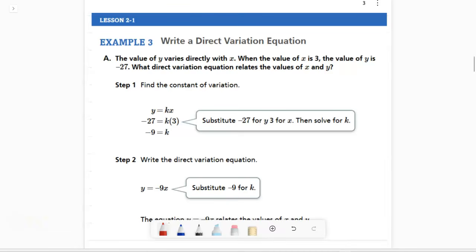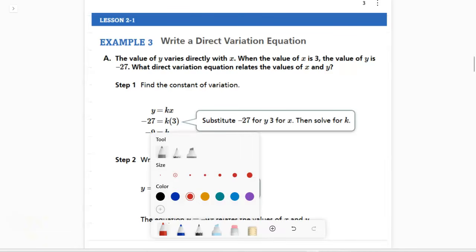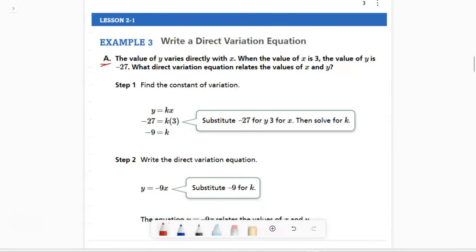Okay, let's take a look at the next example, example number 3. We're reading right here, the value of y varies directly with x. So they're already telling you that this is going to be a direct variation problem. When the value of x is 3, the value of y is negative 27. What direct variation equation, so you're looking for an equation, relates the values of x and y?